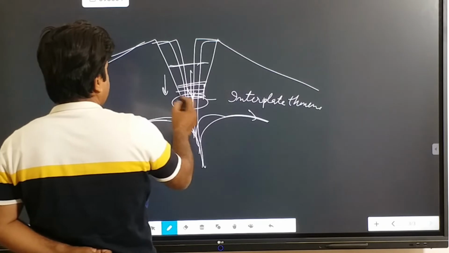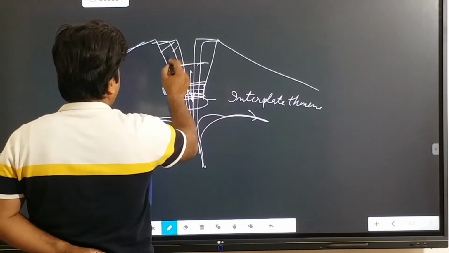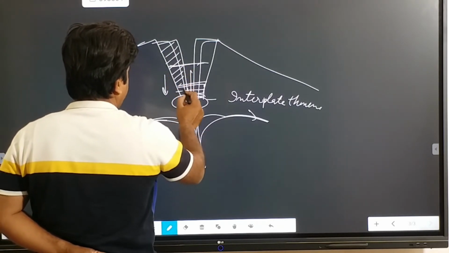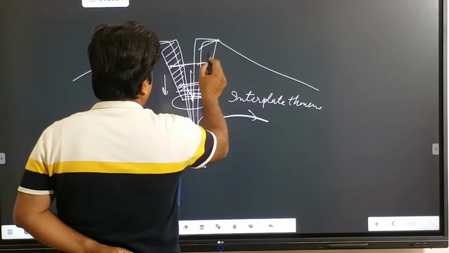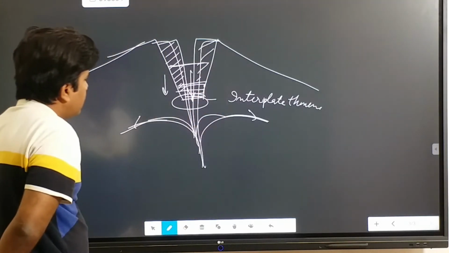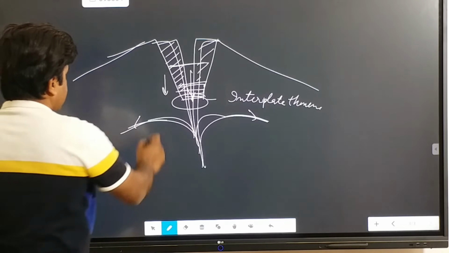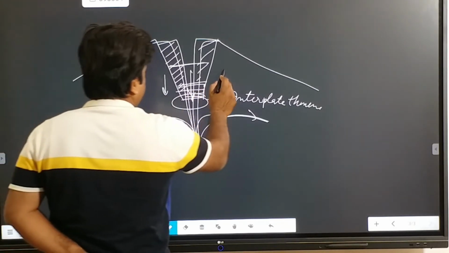So here you will see that this construction of boundary is taking place, because this magma is getting welded on both the sides, and then this plate will start moving in opposite direction.